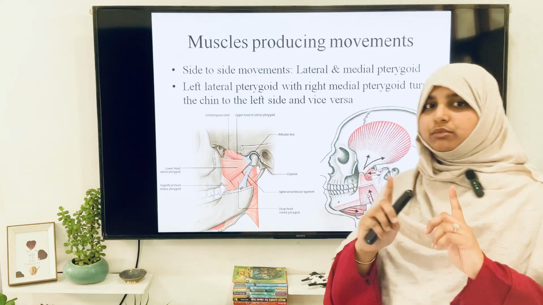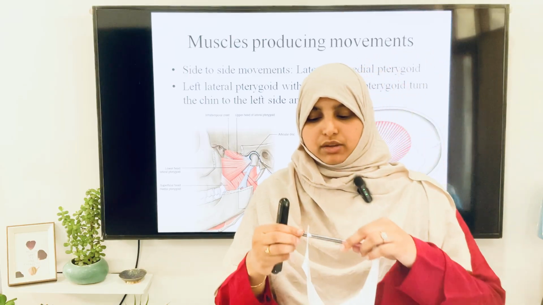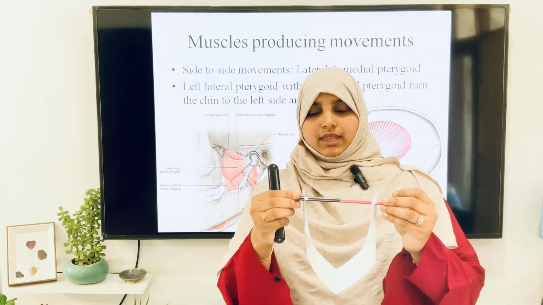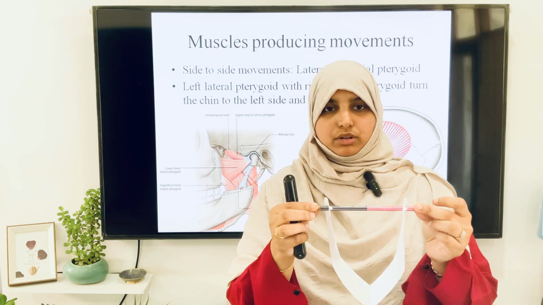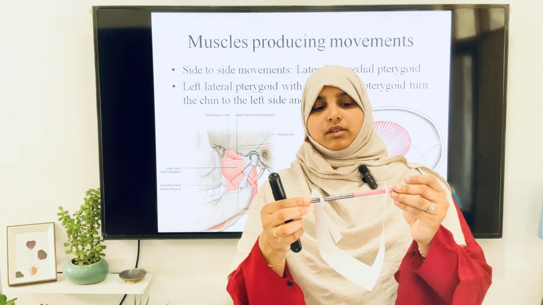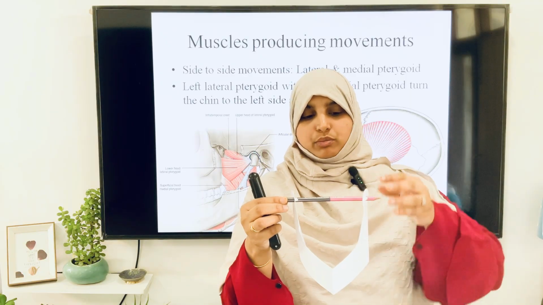So these alternate movements will happen, and as you know, if there is protrusion, the action occurs across this horizontal axis. The axis itself is going to move forward, whereas for the left side's pulling, I told you, the temporalis is going to pull on the left side.